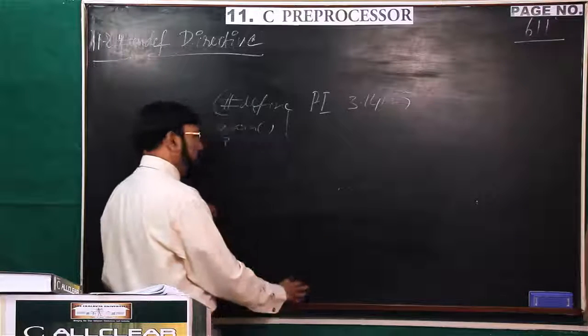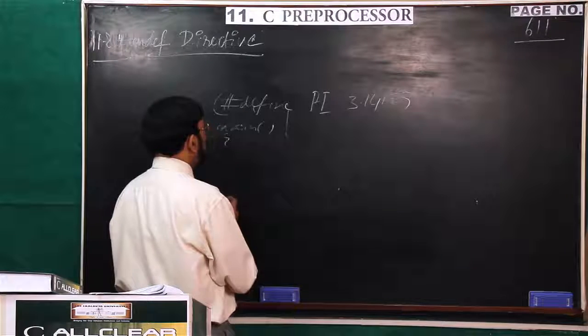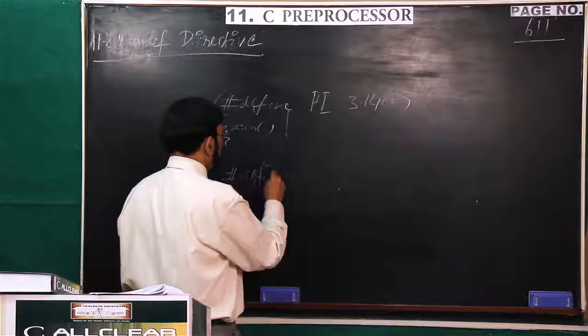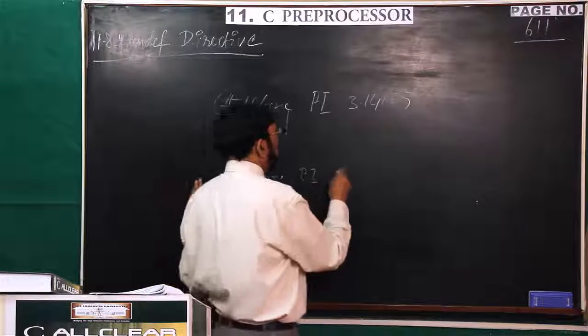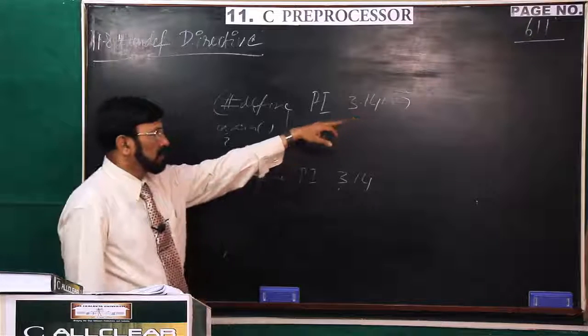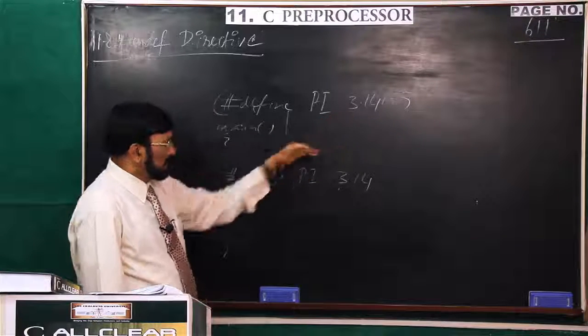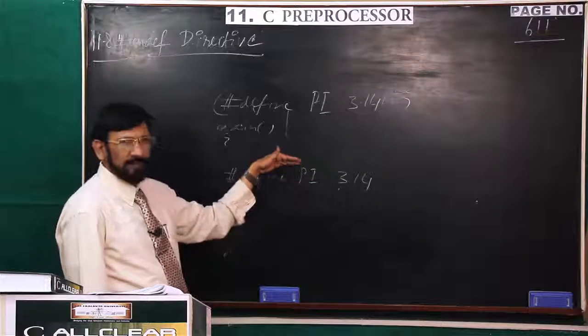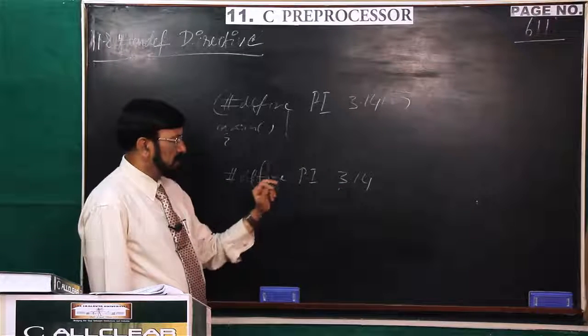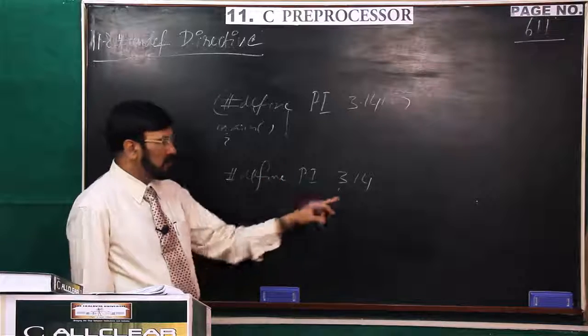But without undefining also, what you can do, you can redefine it with a different value. Define pi with 3.14. Here already 3.14159 is there. Then it is applicable up to here. Hereafter you want to redefine with a different value, then you do that.